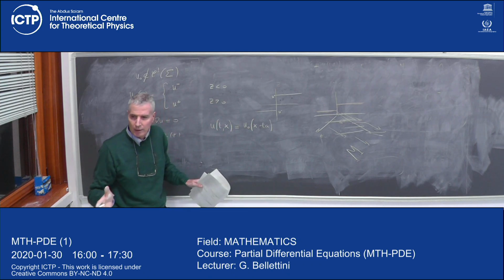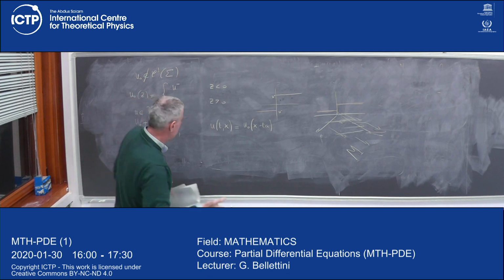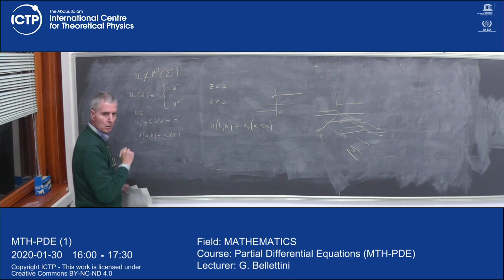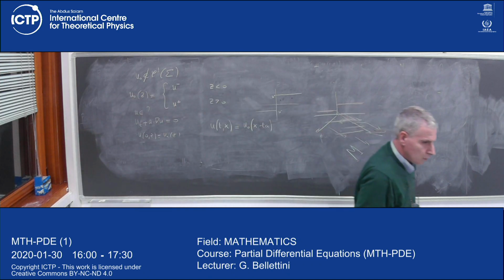This is discontinuous, clearly, right? Well, if it is discontinuous, it could be a solution, but in which sense? We don't have these derivatives now. So what do we do? This will be the argument of the lecture of tomorrow.